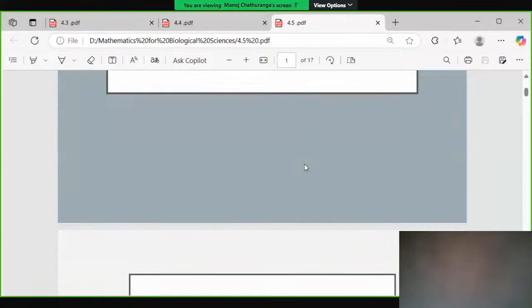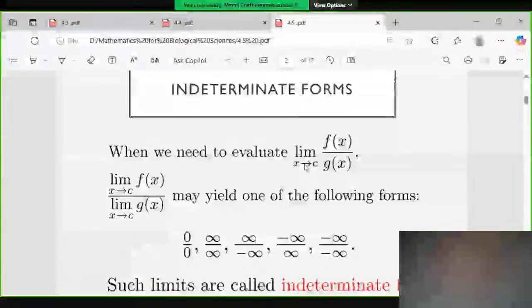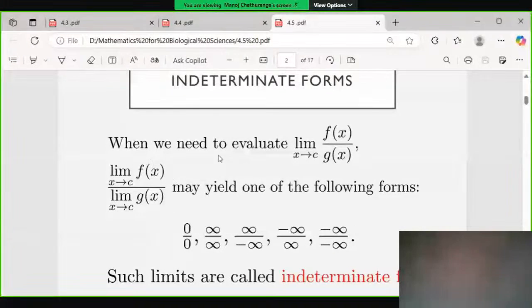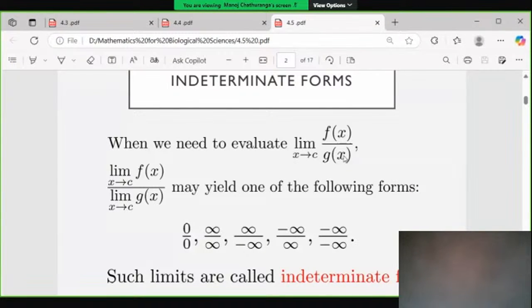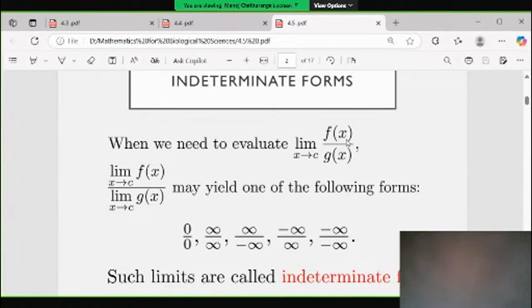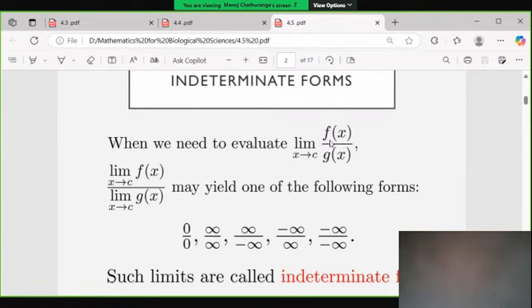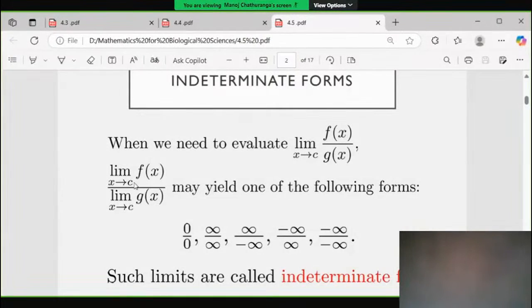He found a rule. He says, say you have some limit like this, the limit as x goes to c of f(x) divided by g(x). Let's say you compute the limit of f and the limit of g separately, like this, as x goes to c.